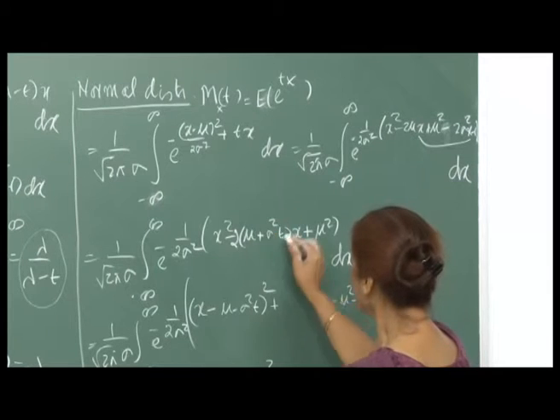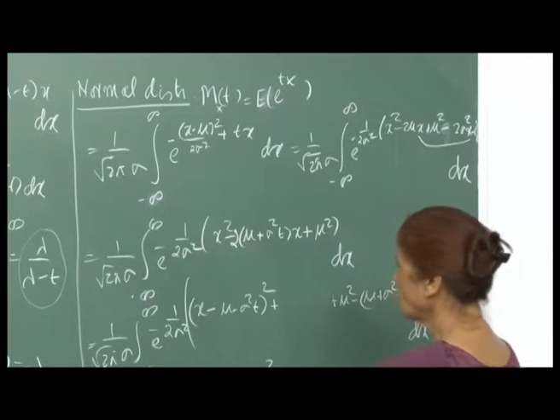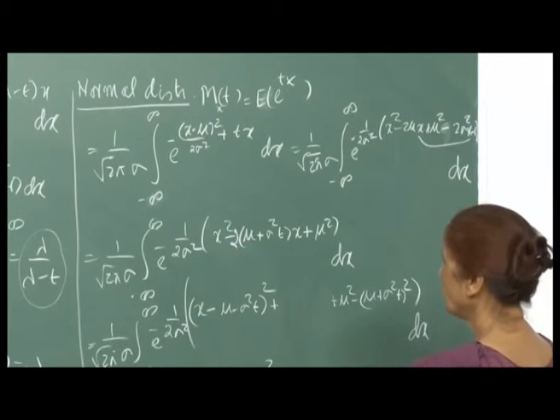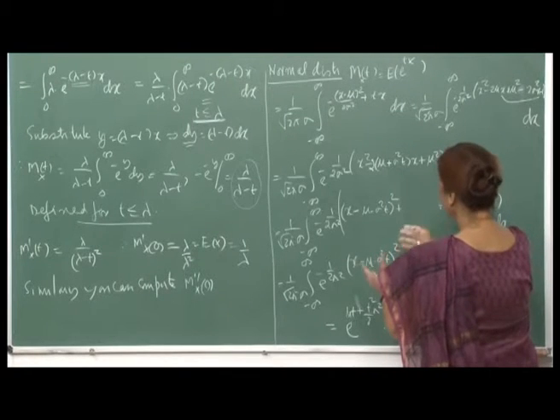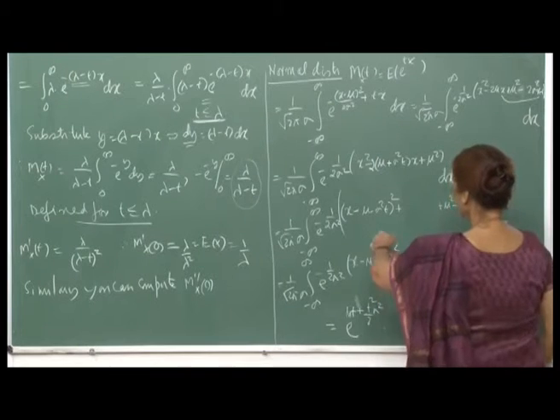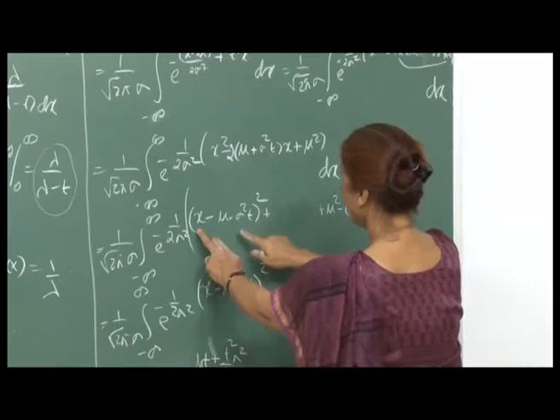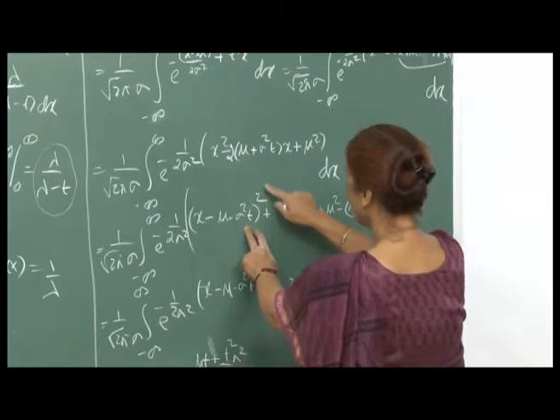Now, I want to make a perfect square, and the reason is obvious: so that part of the integrand will integrate to 1. To this I must have (x minus mu minus sigma square t) whole square.